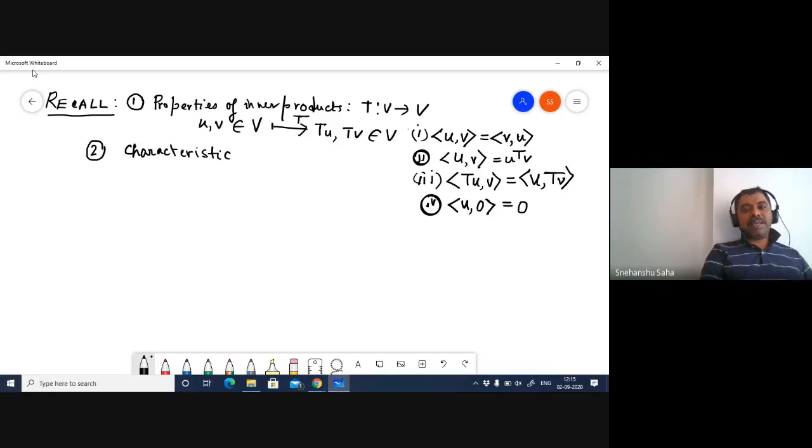But I am just considering vector spaces over real numbers, so T star or T complex conjugate is just T. So maybe you are right. You're right. It's just over the real numbers, it's just T transpose.